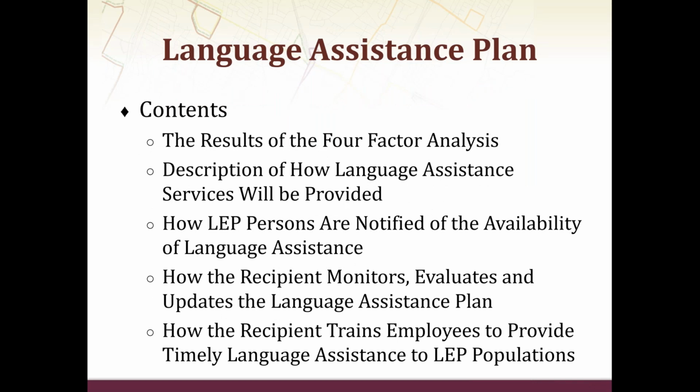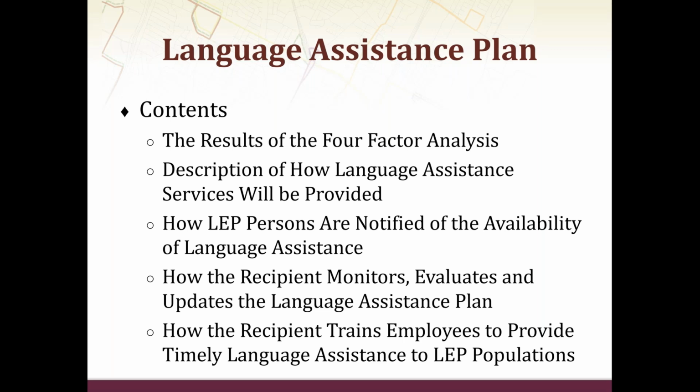Your language assistance plan is made up, first of all, of the results of your four-factor analysis. Second, it includes a description of how language assistance services will be provided. It's important to note that you're actually supposed to do this by language, so if there are differences in how you approach language assistance, those should be noted. This is relevant in cities with very diverse populations and lots of different languages.